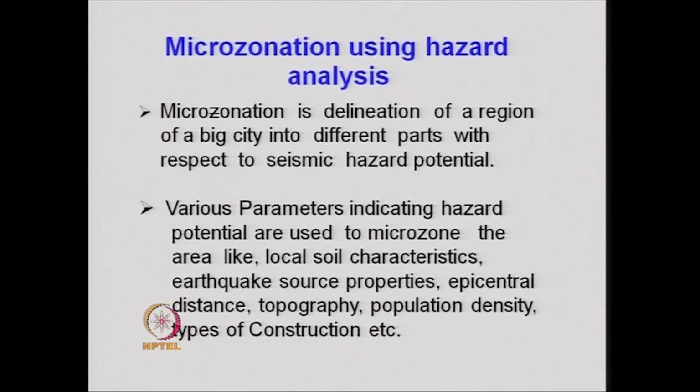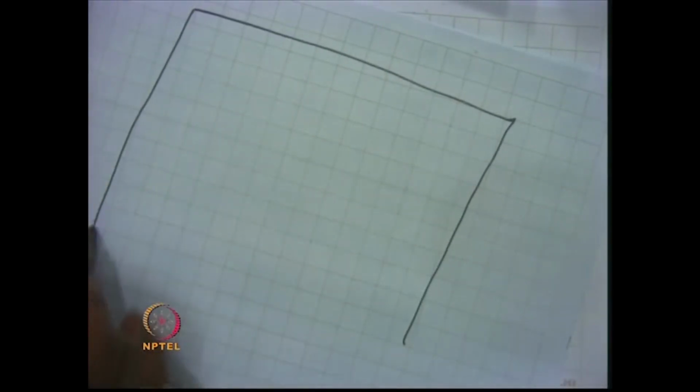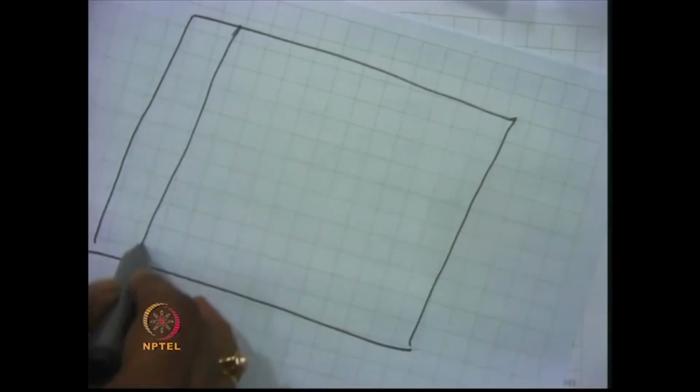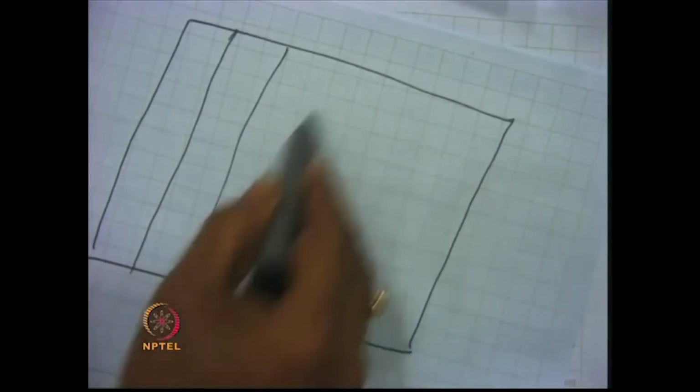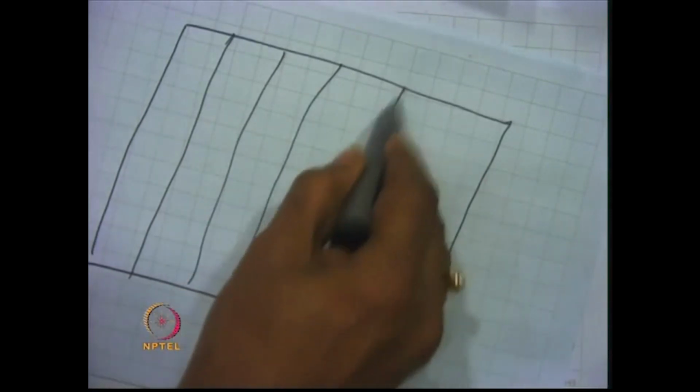The concept basically is like this. Say we take a city or a metropolitan area and divide it into a number of sub areas.